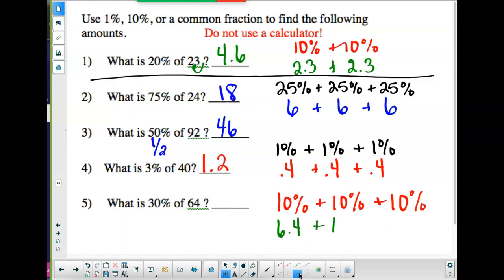So I need that 3 times. Okay, so then we have to add that up. 6 is 18. The 0.4 is 1.2, so 19.2 when we add that up.